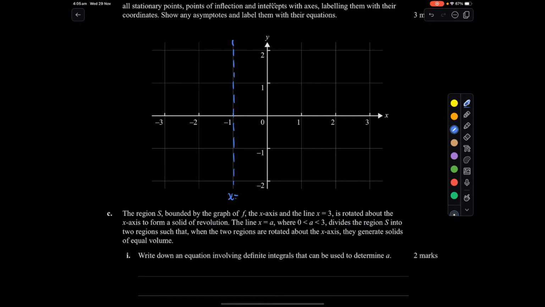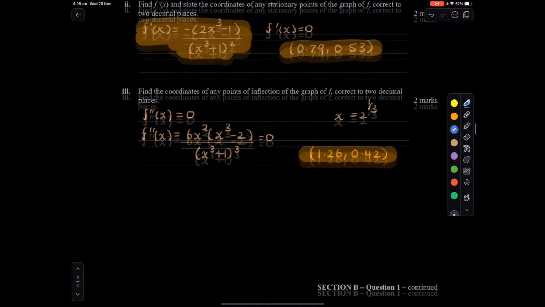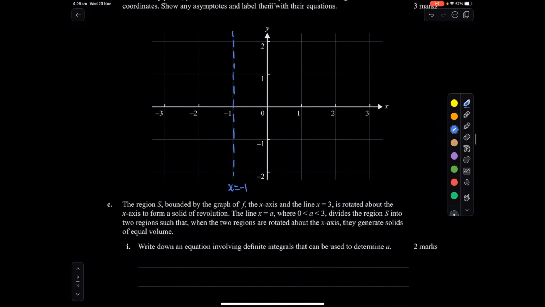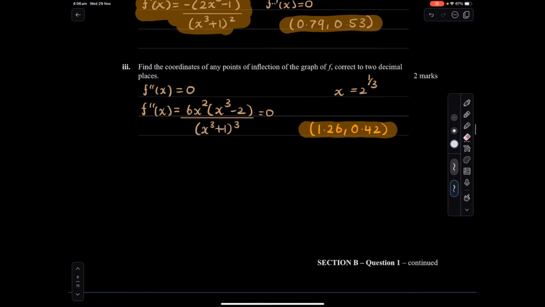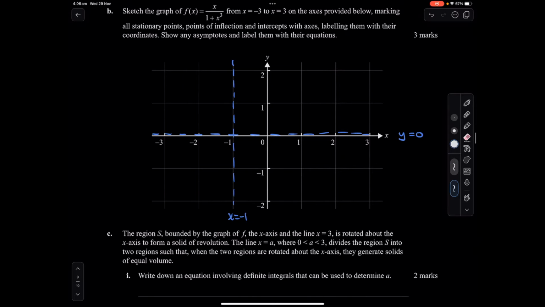At x equals -1 and at y equals 0. Let's do that. y equals 0. And we've labeled those. Let me just put this over here. There we go.